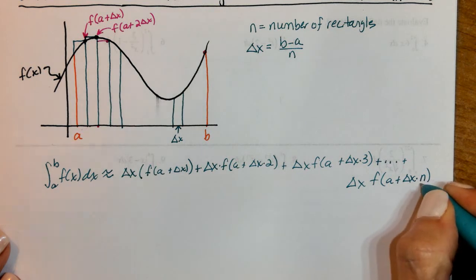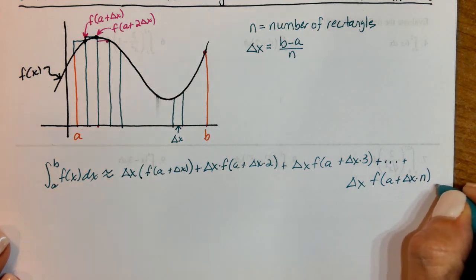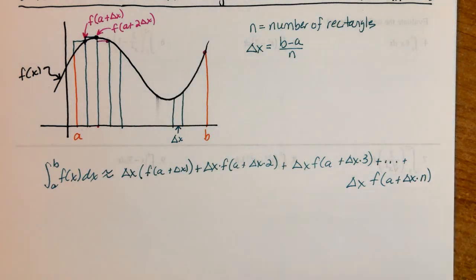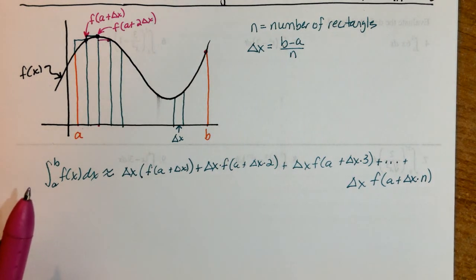So delta x times n should be b minus a. So that would be a very, very general way to write that approximation for the area under the curve using a right Riemann sum.